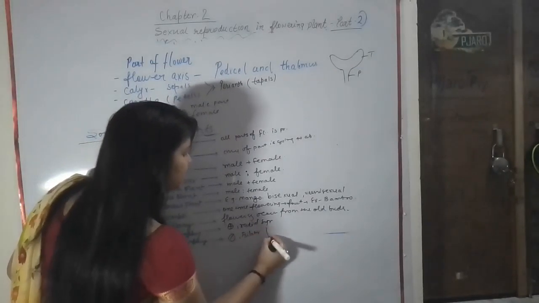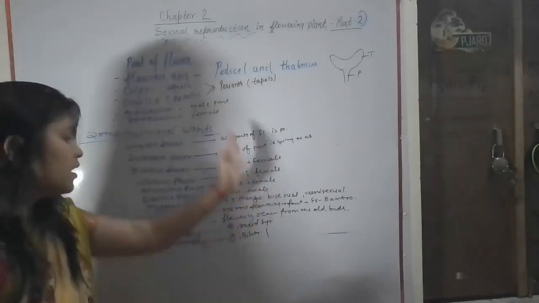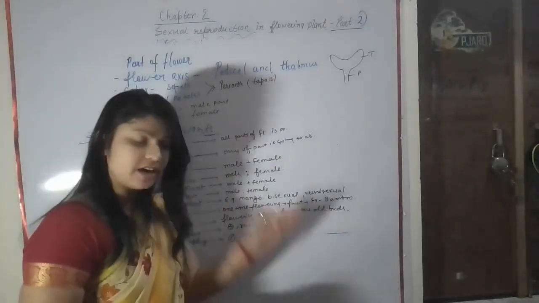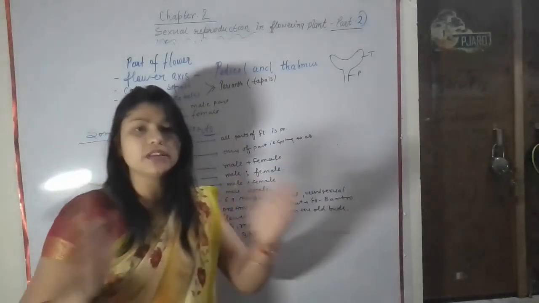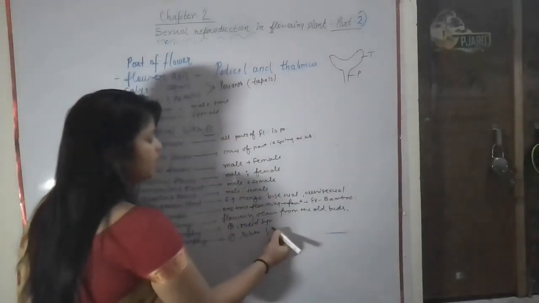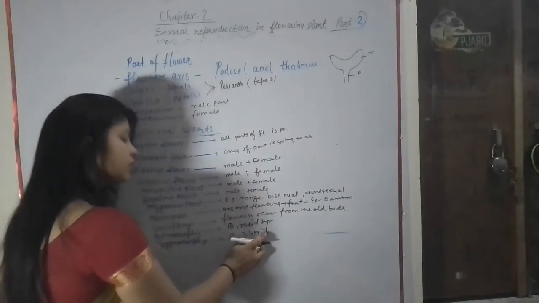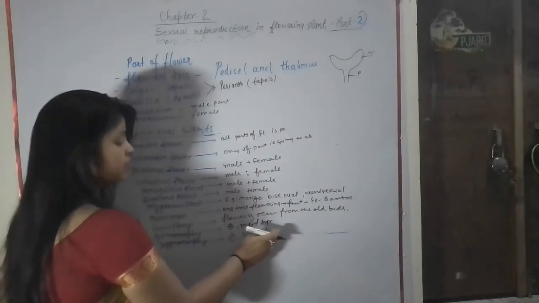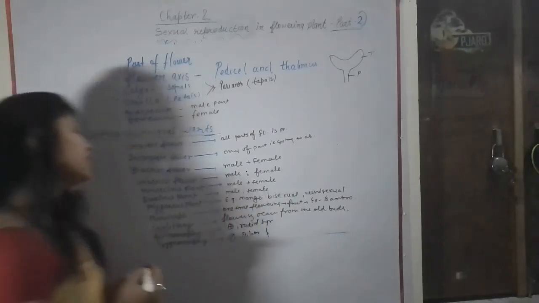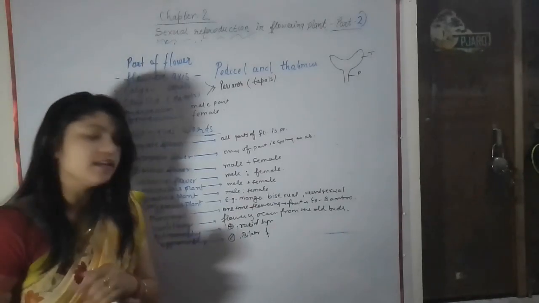Means if you divide the flower vertically from the center, then only you get two equal halves. Otherwise, if you cut it from other directions, you are not getting the proper result. Clear? So that is the very technical point which is written in the NCERT.